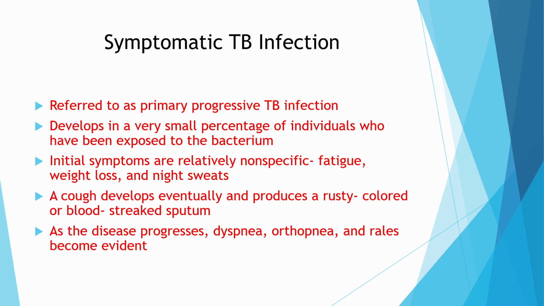Initial symptoms are relatively nonspecific. My patient is tired, they may have some weight loss, and night sweats. A cough develops eventually and produces a rusty colored or blood streaked sputum. As the disease progresses, dyspnea, orthopnea, and rales will become evident. Ladies and gentlemen, please take note.